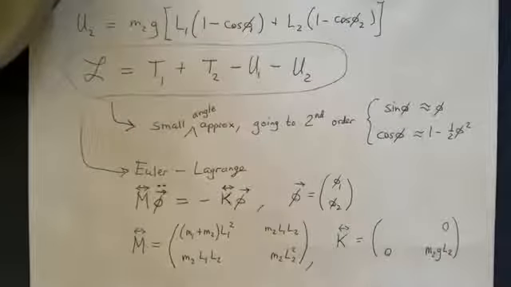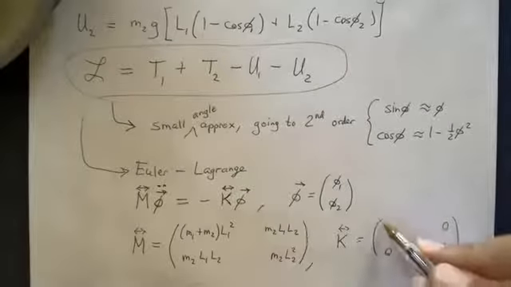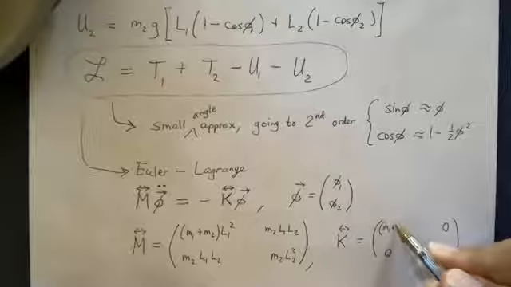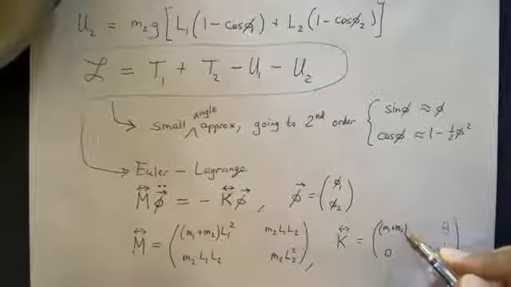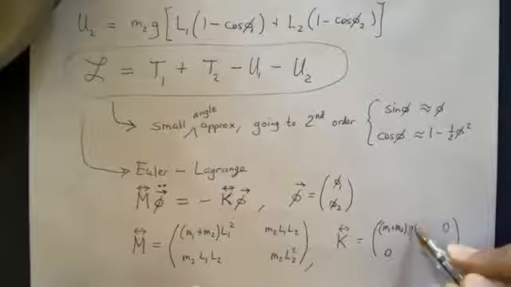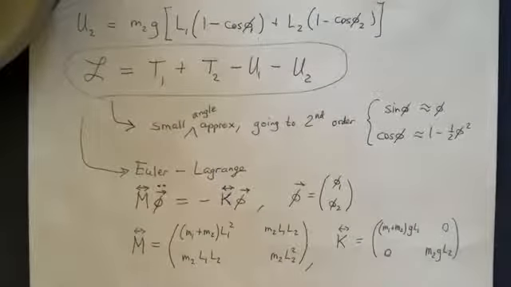Spring constants are joules per square meter; you can also say newtons per meter. This is joules times meter. So things are different because we have angular variables rather than linear variables. Upper left, we got the total mass, and the GL1.